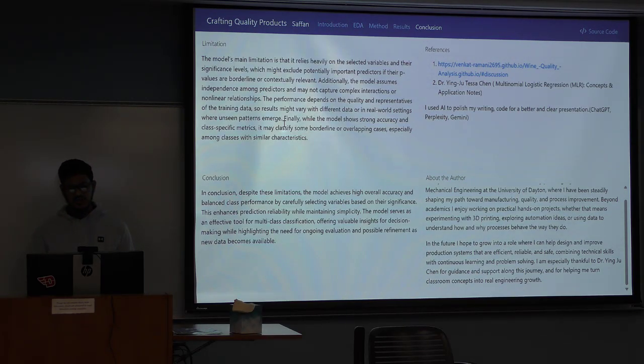It may misclassify some borderline or overlapping cases, especially among classes with similar characteristics. In conclusion, this enhances prediction reliability while maintaining simplicity. The model serves as an effective tool for multi-class classification, offering valuable insights for decision making while highlighting the need for ongoing evaluation and possible refinement as new data arrives.